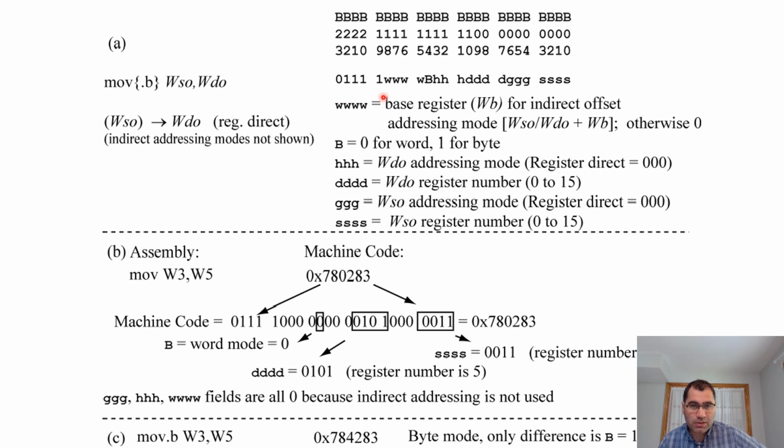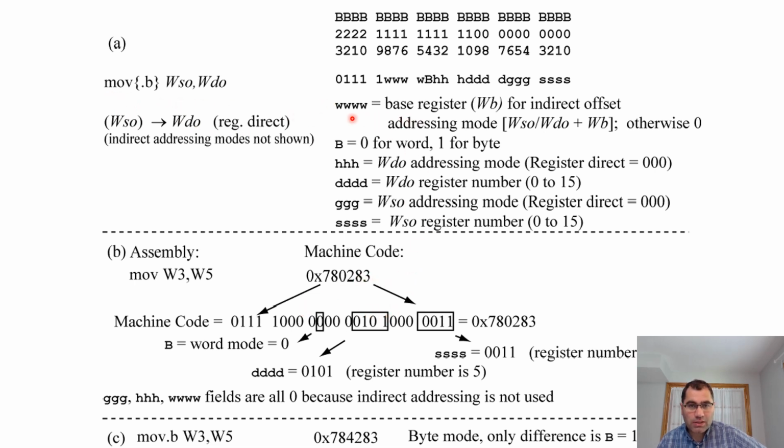This is our format for the machine code, and we are going to figure out what these values should be, for example www, capital B, HHH, DDD, and so forth. That way we will be able to convert this assembly instruction into machine code.